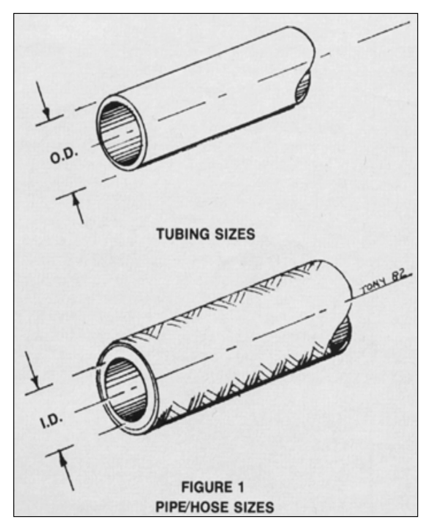AC fittings are colored gray or yellow and have a 35-degree flare cone. AN fittings, blue or black, 37 degrees. AC fittings, gray or yellow, 35 degrees.